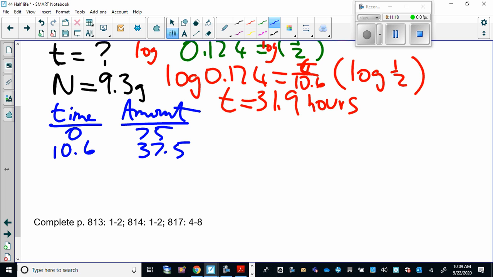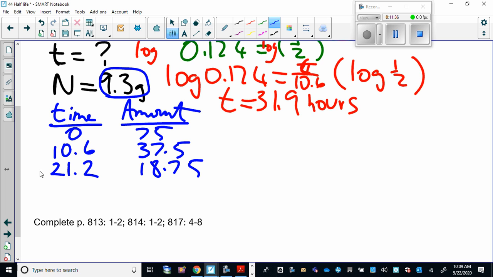After 2 half-lives, which is going to be 21.2 hours, I'm going to have half of that, which is 18.75. And you can see I'm trying to get to 9.3, so I'm getting pretty close.